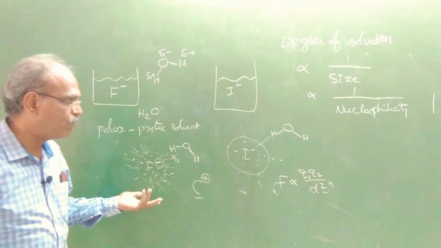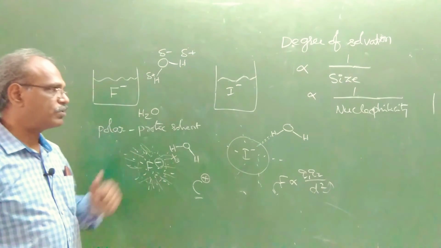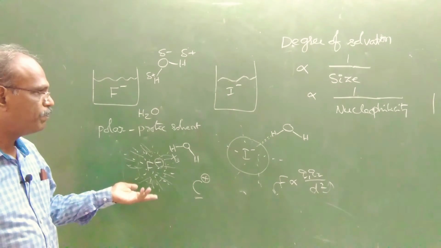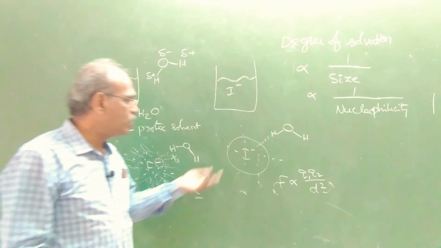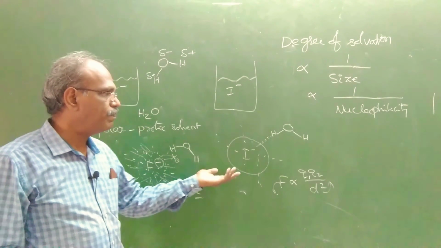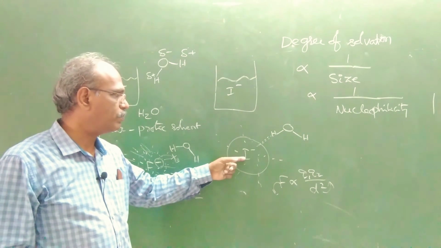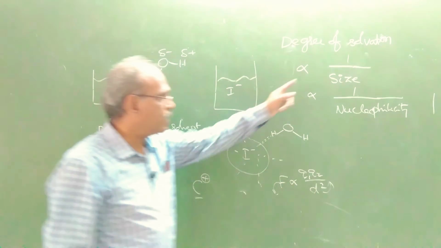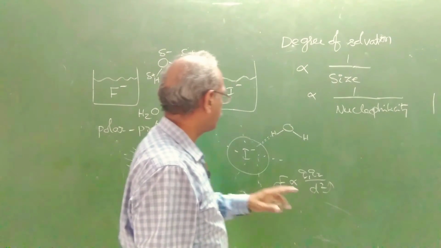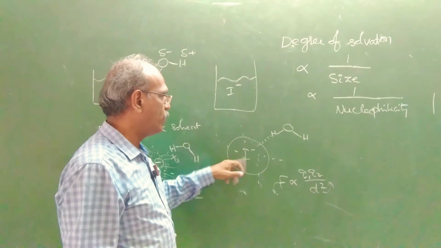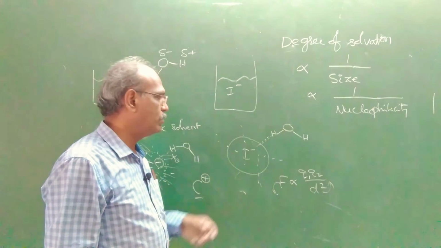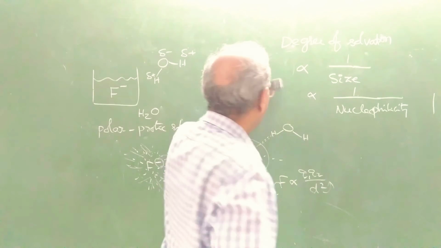So its nucleophilicity decreases. Now tell me, relatively, which is the better nucleophile? I minus, because it is relatively larger. If size increases, nucleophilicity increases, right?